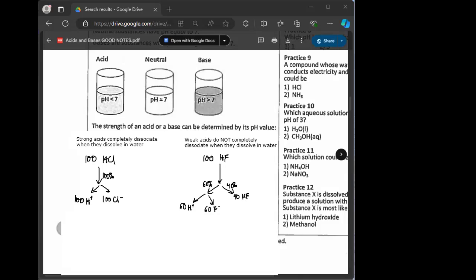All right, now. Actually, we need to mention something about the hydrogen ions. Because the strong acids produce more hydrogen ions, that means that they're going to be more acidic.